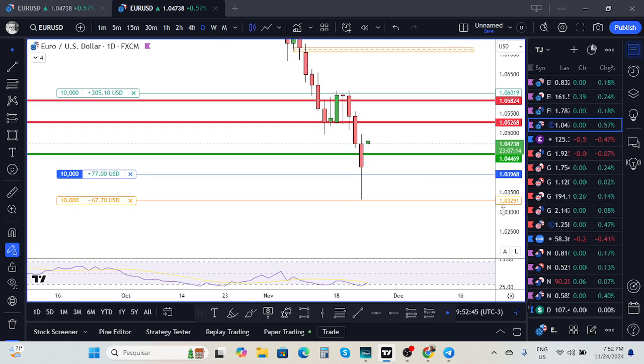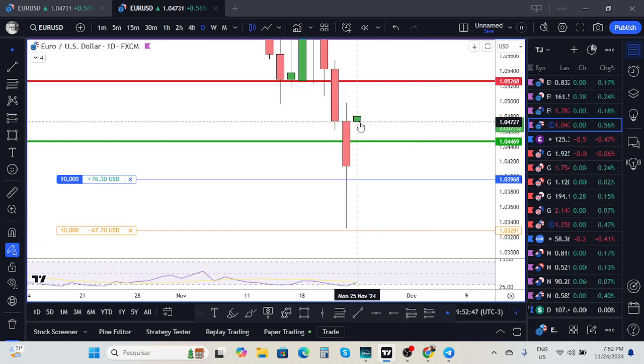Also, when the market opened here in Brazil, we can see the market gapped from here.